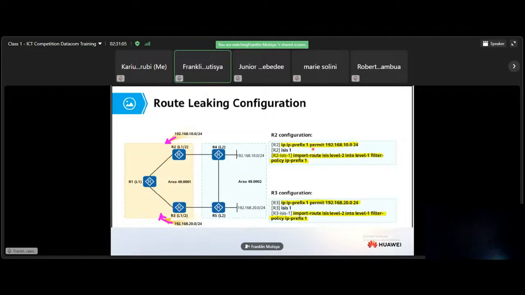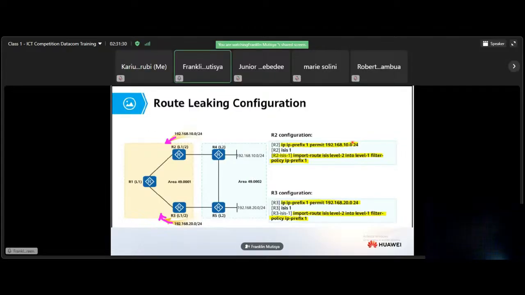The actions are normally two: either permit or deny. Here we're going to talk of a permit action. Then we specify the IP prefix and the mask length.